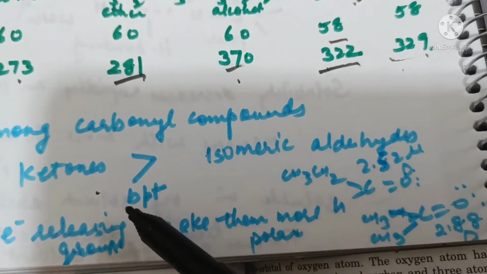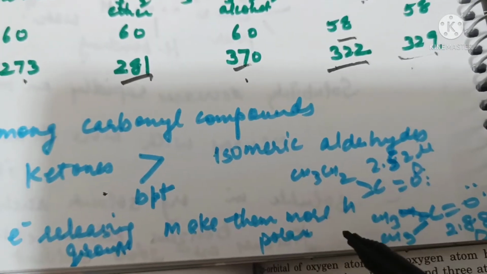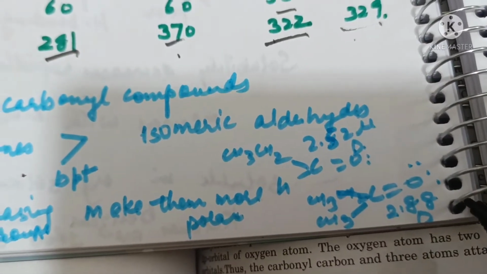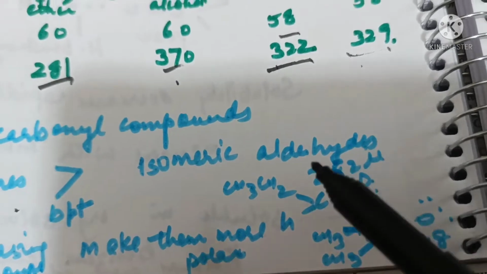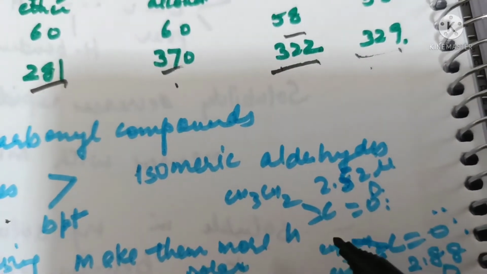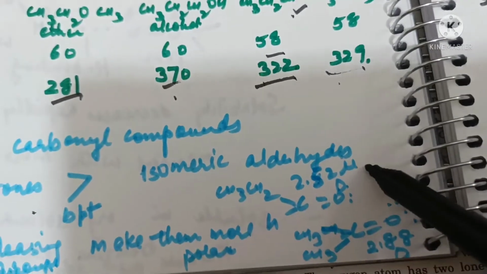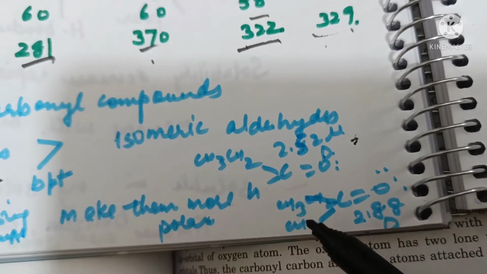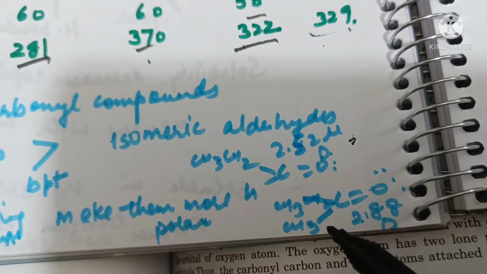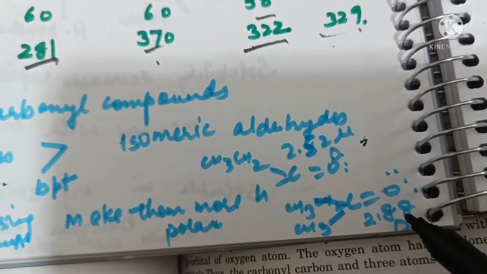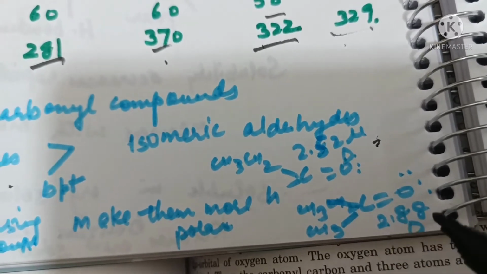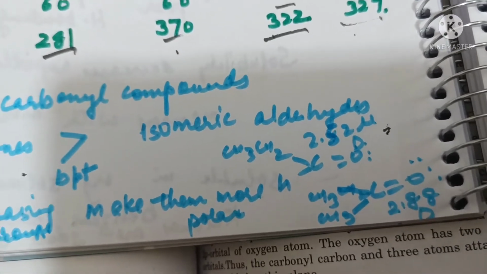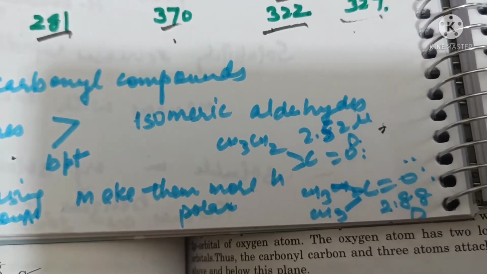So boiling point of ketones will be greater than that of aldehydes. For example, propanal has dipole moment 2.52 D, whereas propanone has 2.88. Its dipole moment is greater. So greater dipole moment means greater interaction, greater boiling point.